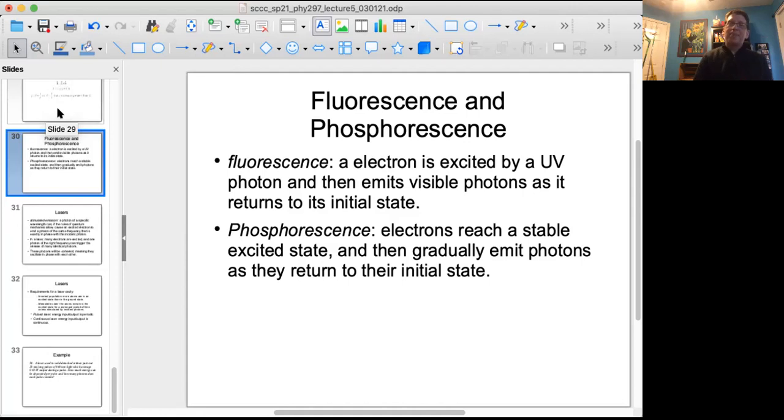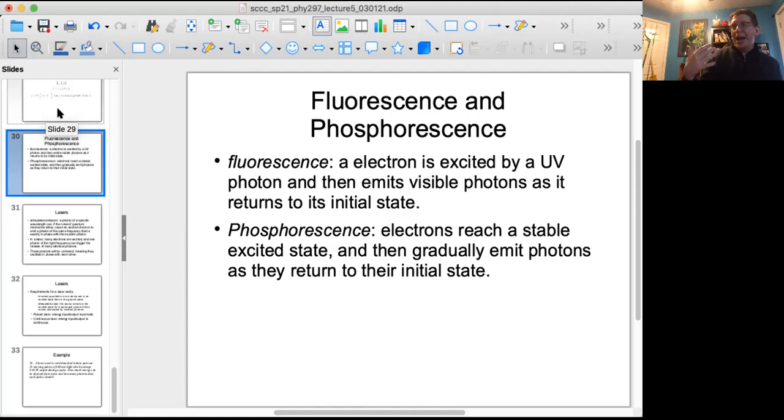But in the meantime, because the excited state was stable, its lifetime is fairly long. So it doesn't re-emit the radiation all at once. It emits it fairly gradually and over time.